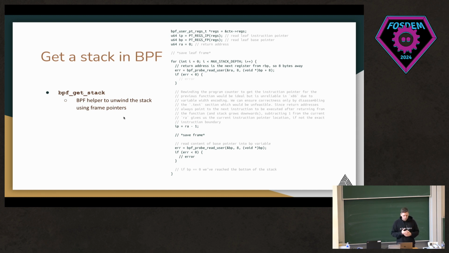We use that to read the instruction pointer, and from there get the frame pointer. The special occasion here is that the instruction pointer has to be the return address minus 1, because of the thing I just told you about two slides ago, right?